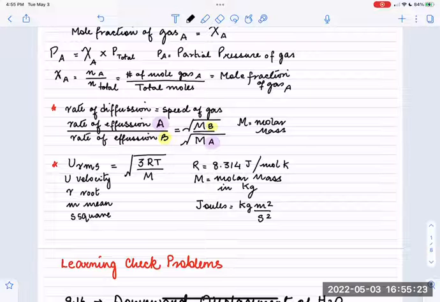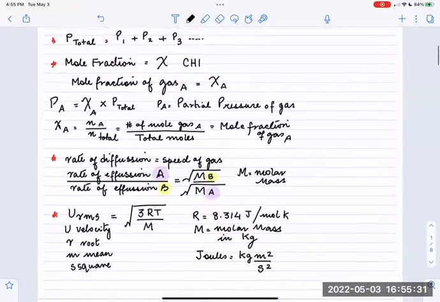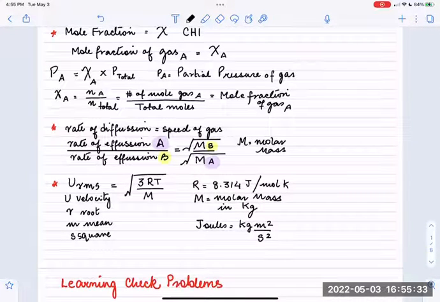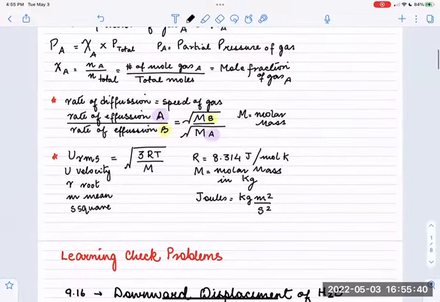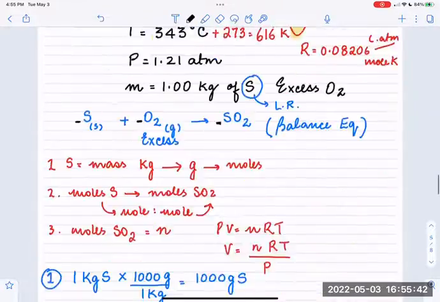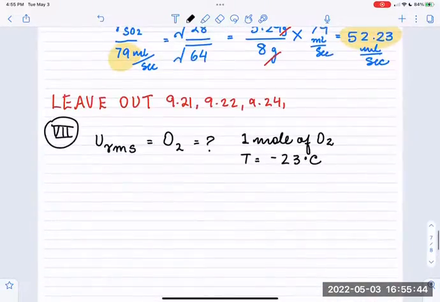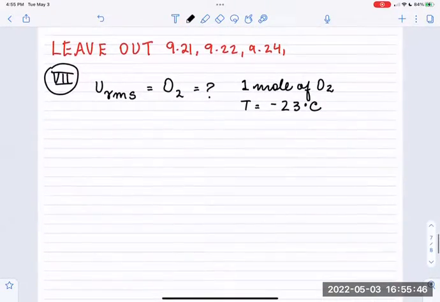Or you want to leave this out? I don't know. 3RT over M, and M stands for the molar mass, and 1 mole of oxygen. All right, so leave out these problems, 9.21, 9.22, 9.24, but focus on this one last problem.